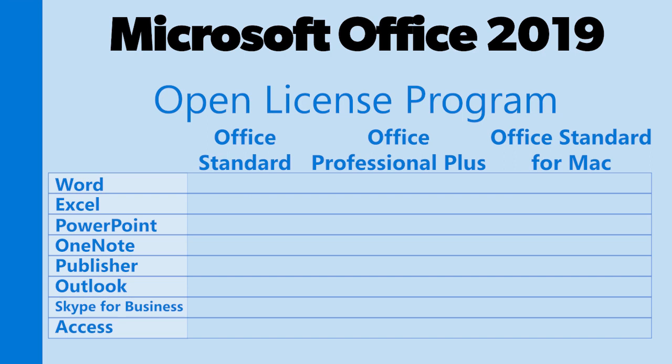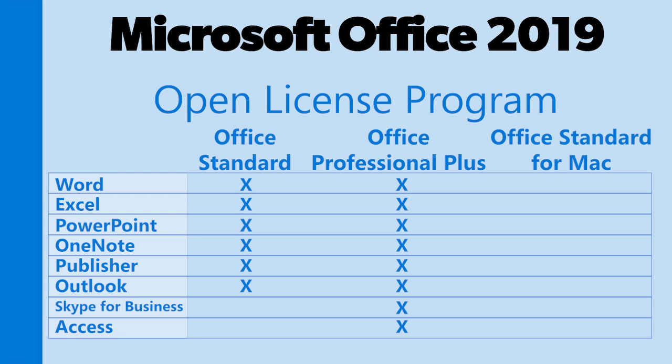So we have Office Standard and Office Professional Plus in the world of Windows, and they include Word, Excel, PowerPoint, OneNote, Publisher, and Outlook for Standard. And Professional Plus includes each of those and then also adds Access and Skype for Business. So obviously that is the big one right there.